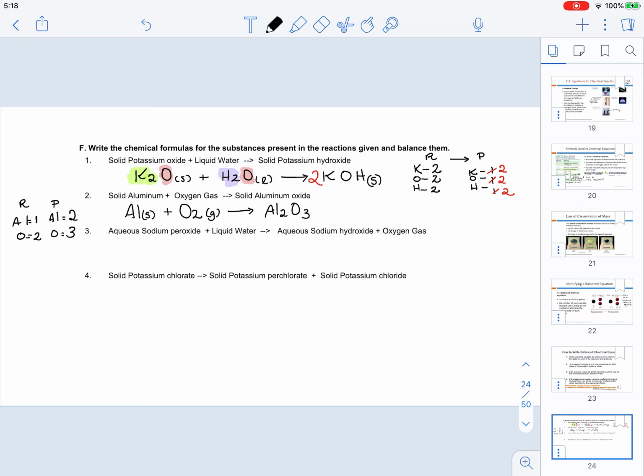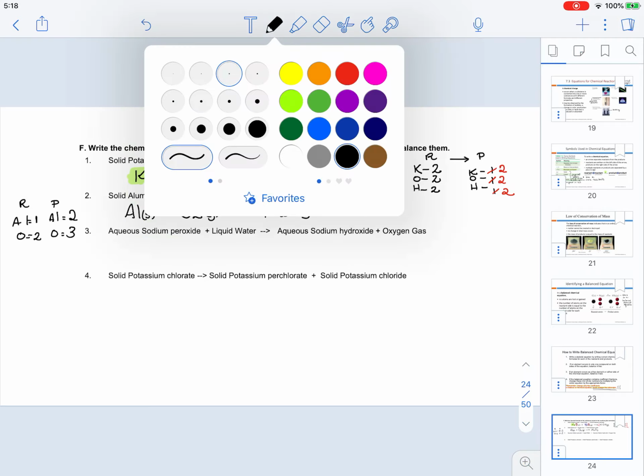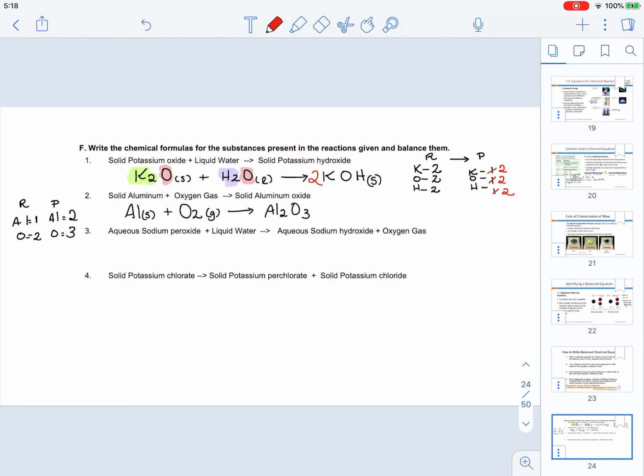So if we place the value of 3, I should start on this side. If we place the value of 2 on this side, then that means that I'm going to take my aluminums to 4, my oxygens to 6. So then if I put a 3, wait, I took the notes on the wrong side.